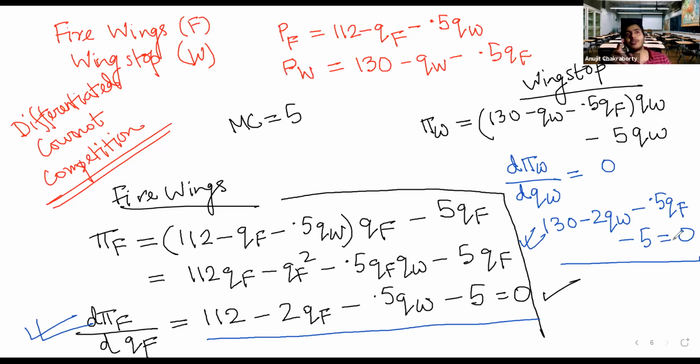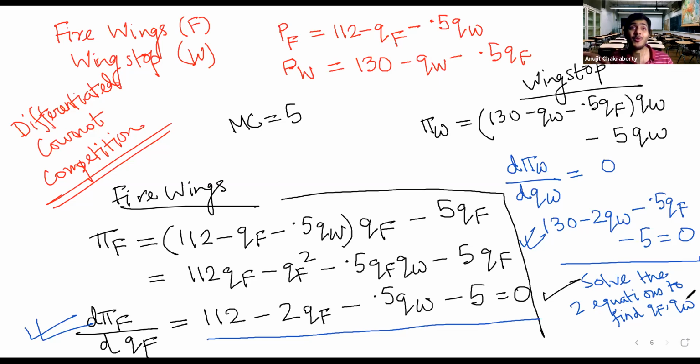And all that remains to do is to solve for the best responses. So you solve these two equations to find QF and QW. Of course, the solution would exist because these are two equations with two unknowns. These are linear equations, so I'm not going to solve these equations here.